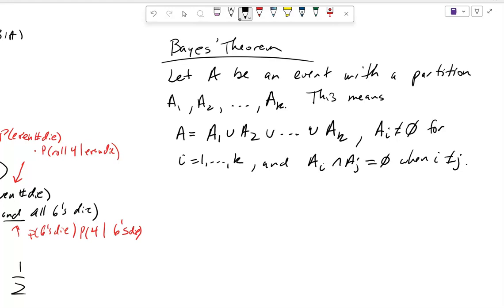So you want to do the probability that one of these pieces, the conditional probability that you fall into one of these pieces given some other event B. Well, using, again, our formula, we know that's the probability of the intersection of those two things, right? But then we can flip it around. This will be the probability of the smaller event, times the probability of B given the event.